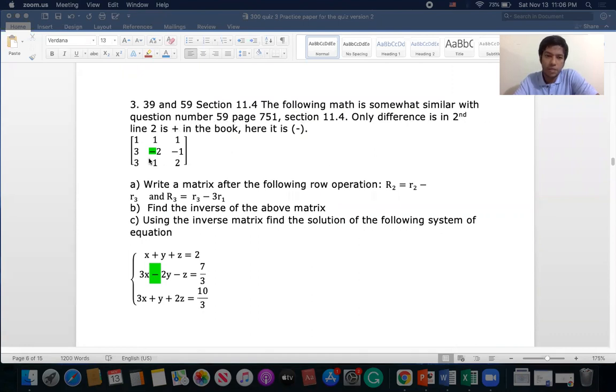The difference is in this minus. In the book, this math, number 59, this value is plus, but here we gave minus. But for this one sign change, a lot of things will change in our solution, in our calculation. A lot of things will change.